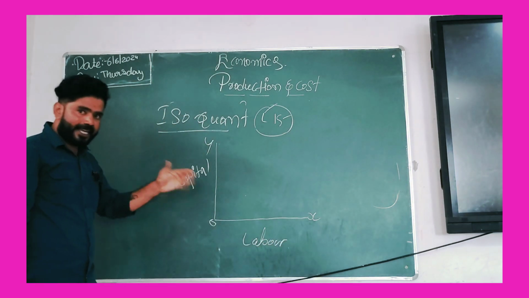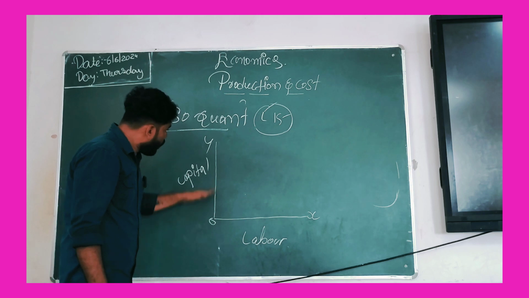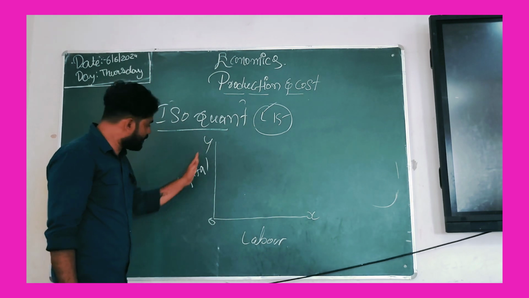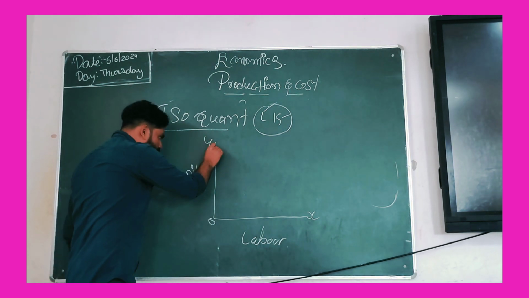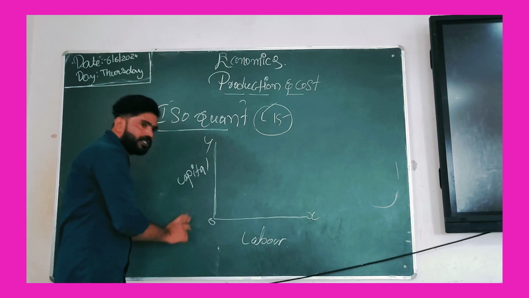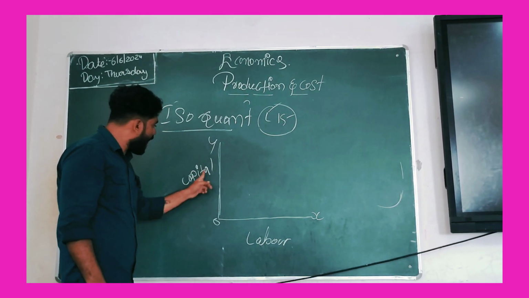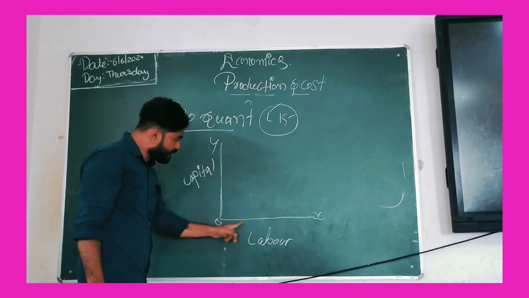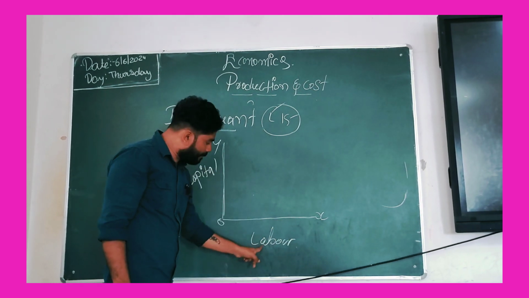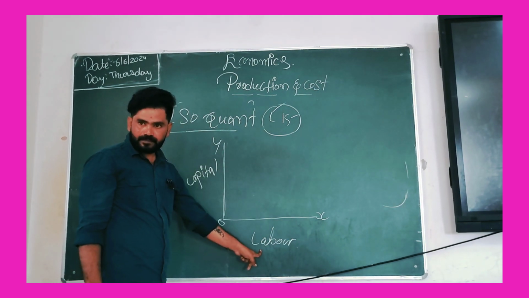Listen carefully. The Y axis is the vertical axis, vertical means straight. The vertical axis represents capital and the horizontal axis represents labor.